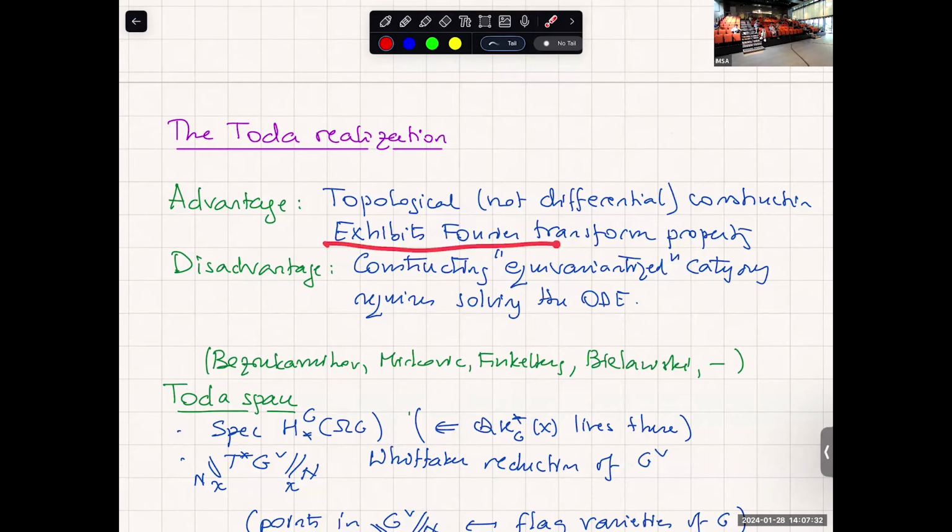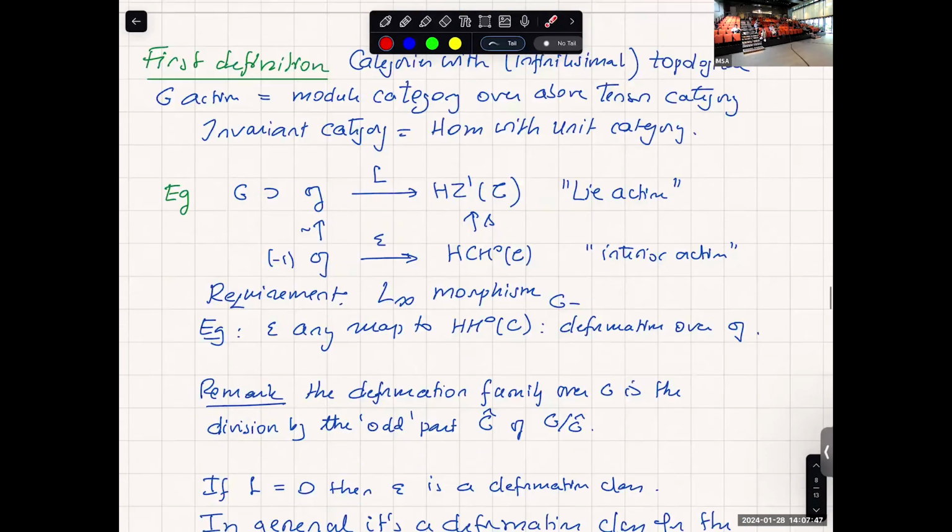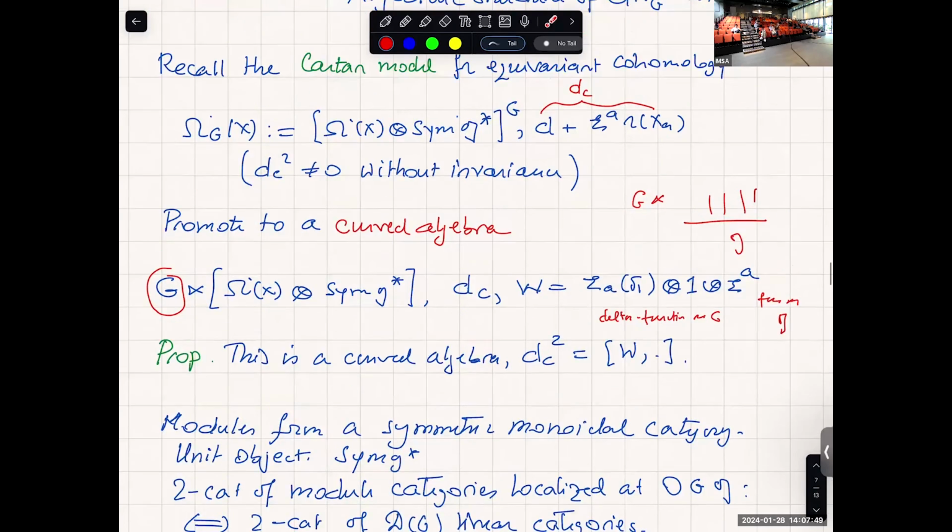And second, it makes a Fourier transform property manifest, because it's exactly the space where the Fourier transform happens. And the disadvantage is, giving that doesn't quite tell you right away what the equivariantized category is, by which I mean this extended category over the space of adjoint orbits.